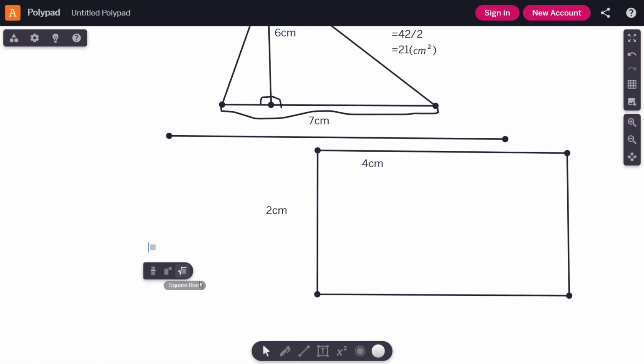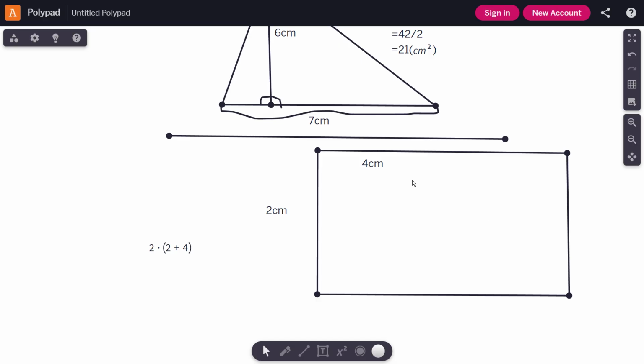Just do 2 times (2 plus 4). It's the same as repeating this side twice, which is also the same as this side.